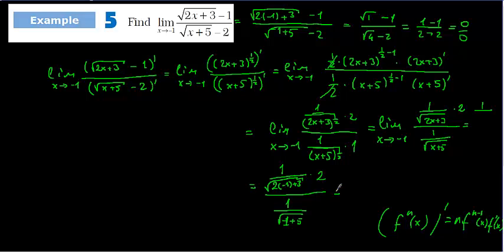It's equal to 1 over root of minus 2 plus 3, which is root of 1, times 2, over 1 over root of 4, which is equal to 2. 1 over root 4 is going to be equal to 1 over 2. So 2 over 1 over 2, 2 times 2, then the answer is going to be equal to 4.